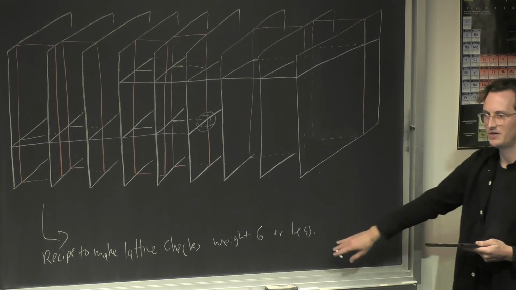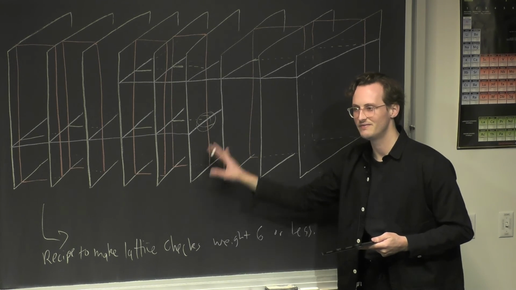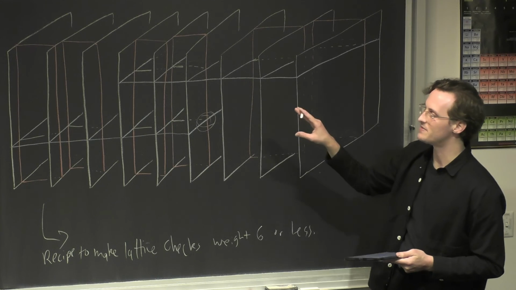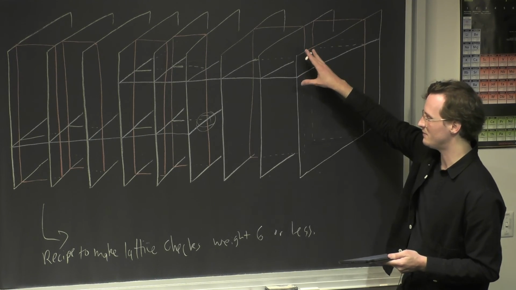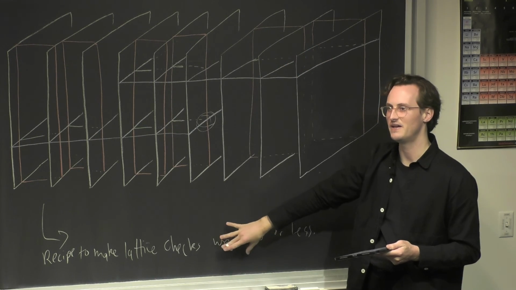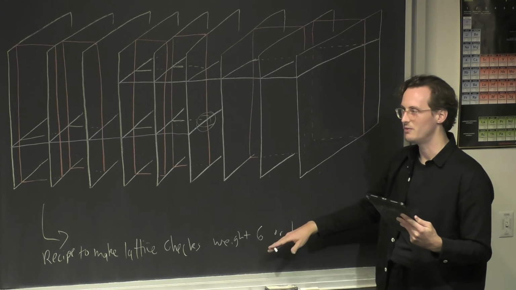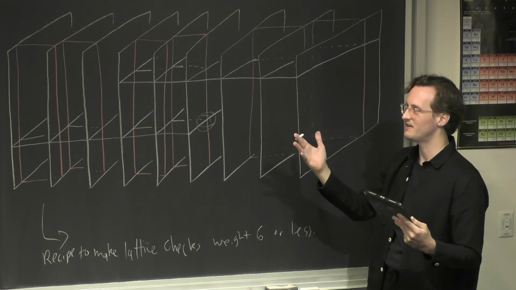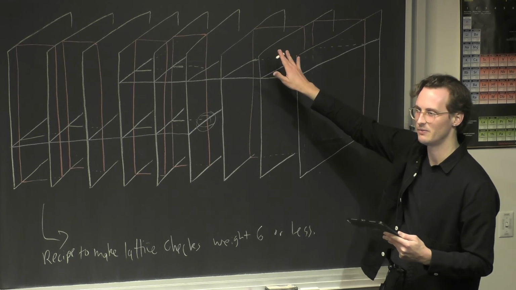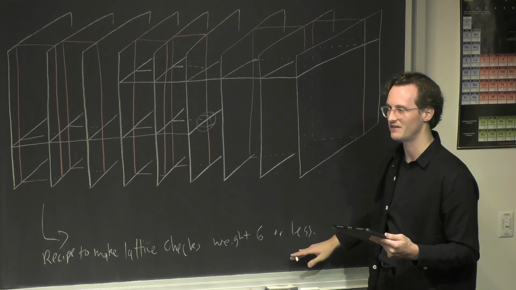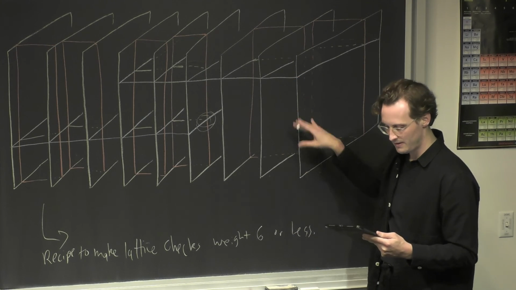If you can't read that, I'm just writing that you can find some procedure that automatically takes any of these codes you've stuck in, produces this defect network, and then you make your lattice set of checks that live on this cubic lattice, and the check weight ends up being maximum 6, for whatever you put in. It really doesn't matter what you put in. You can even put in non-LDPC codes, and you'll still produce checks of weight 6 by this thing.